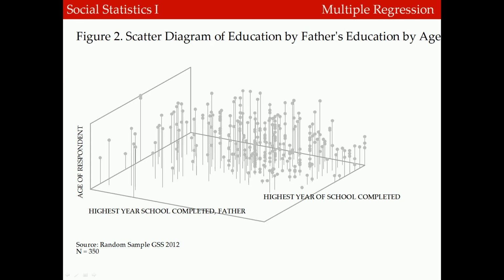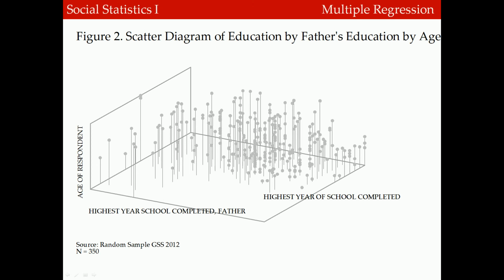And so notice that when we add age to the model, our scatter diagram is no longer a 2-dimensional scatter, but a 3-dimensional scatter. And so now we can graph each point according to its location on father's education, response education, and age. And so now a regression line is no longer sufficient to model the relationship between education and father's education.